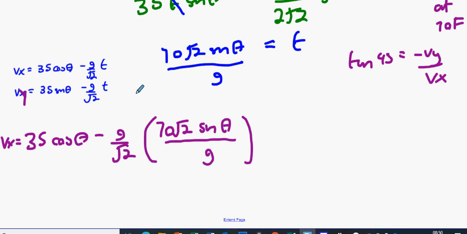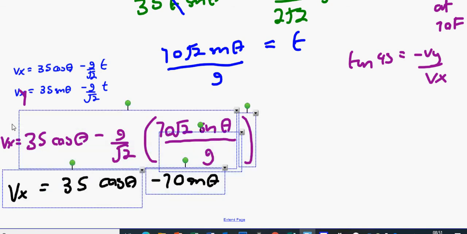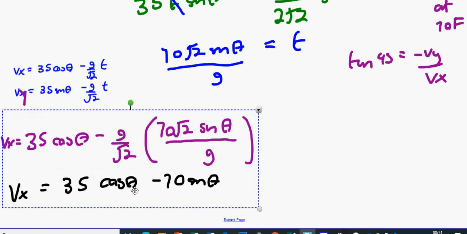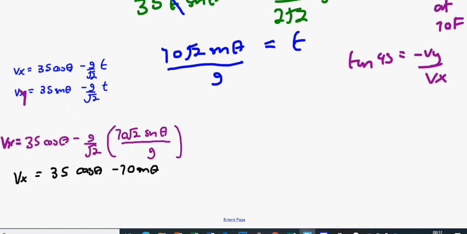So what's our Vx value? 35 cos theta minus 70 sine theta. Okay. Vy is the one where everything has to be negative. So let's do Vy. Vy equals 35 sine theta.